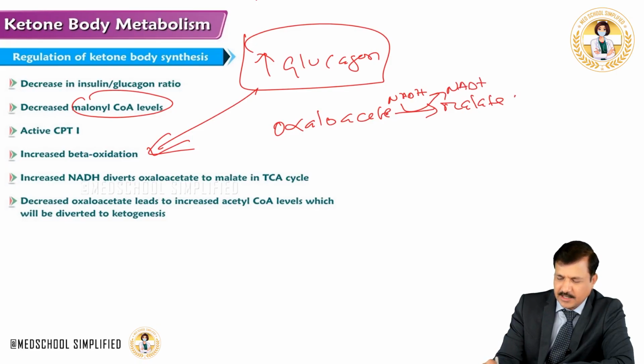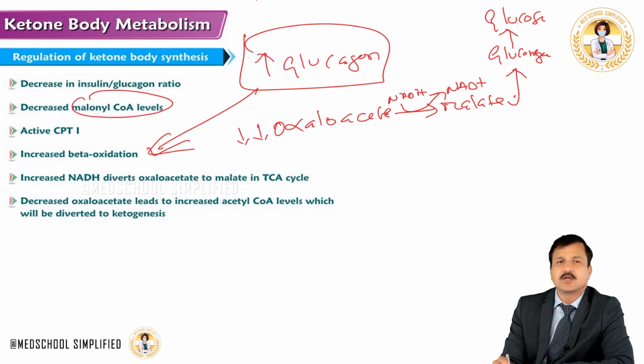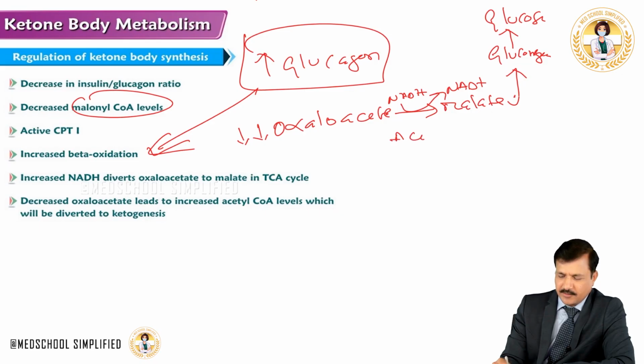So because of this, malate will increase, and this malate will go towards gluconeogenesis to make glucose. That's what happens to malate. So that means there will be a decrease in oxaloacetate, right? And this decrease in oxaloacetate means it is not available for acetyl-CoA to condense with and make citrate, because in the TCA cycle oxaloacetate is going to combine with acetyl-CoA to make citrate, and now because of the decrease in oxaloacetate, this reaction does not go on.